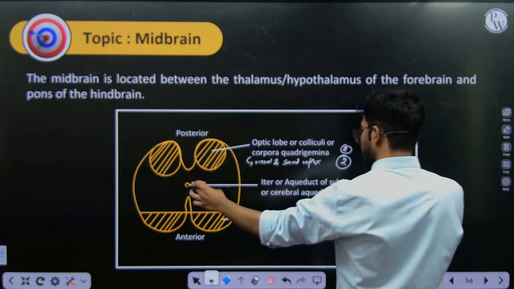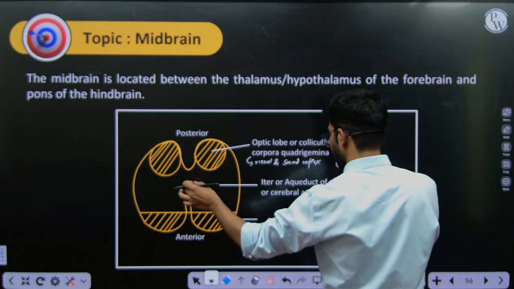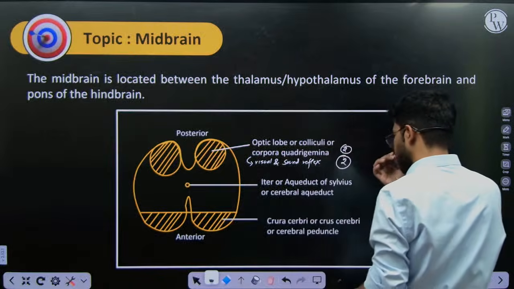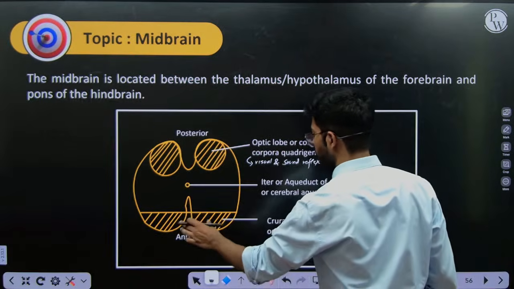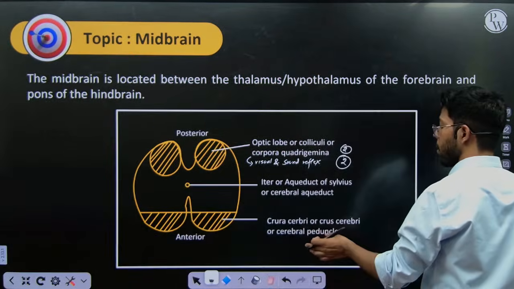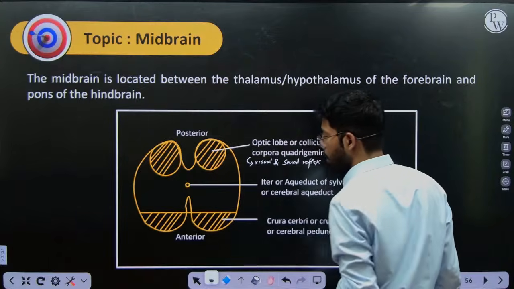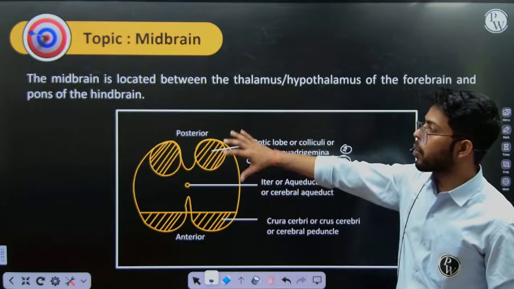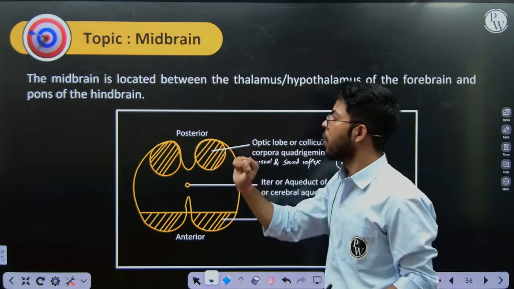And this is the cerebral aqueduct, which is responsible for the flow of CSF. And crura cerebri, or cerebral peduncle, are responsible for the movement of limbs also. So this is the part of the midbrain. It is a very reduced part of the brain.